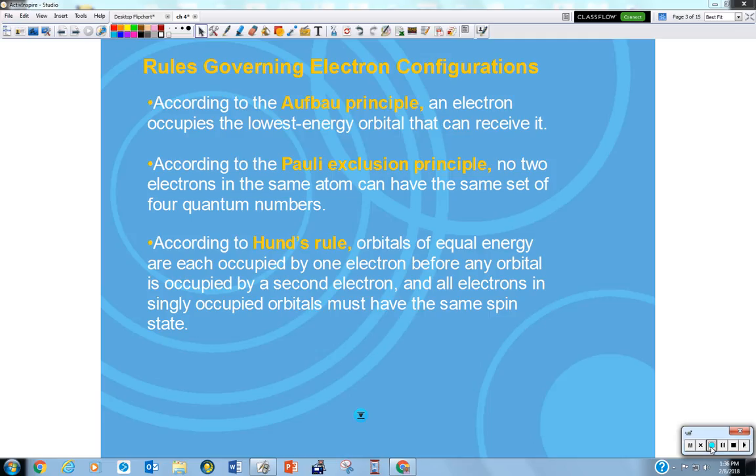The second rule governing electron configuration is the Pauli exclusion principle. Pauli exclusion principle formally says no two electrons in the same atom can have the same set of four quantum numbers. What I would like you to know that means is that electron pairs will have opposite spins.